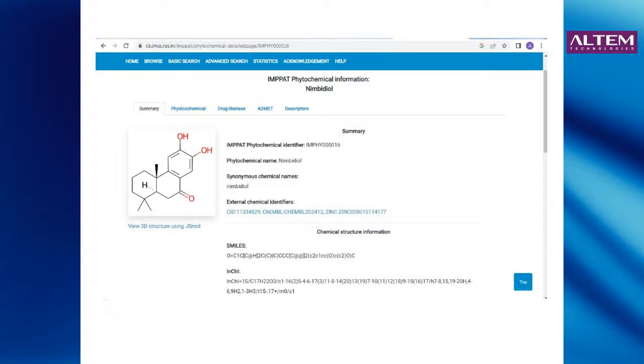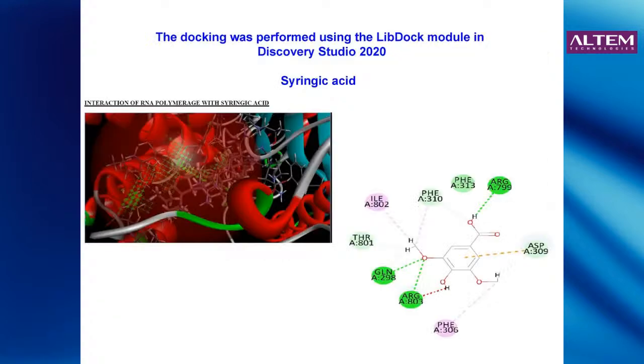Here this nimbayal is a steroidal molecule, and it has the SMILES structure and other chemical structures. The 3D and 2D structures are also given on this particular website. So we went ahead and collected a list of different natural compounds, with their chemical structures and 3D structures, from this website, and used the BioVia Discovery Studio software, especially the LibDock module.